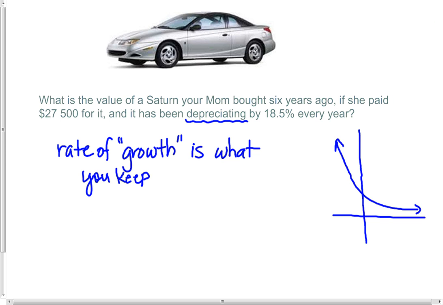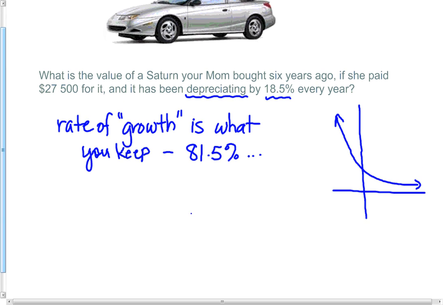This time, what we are keeping is not the 18.5%, but the remainder from 100. So if I do 100, subtract 18.5%, I get 81.5. That is the value of the car that you keep. That is my rate of growth, or my base.